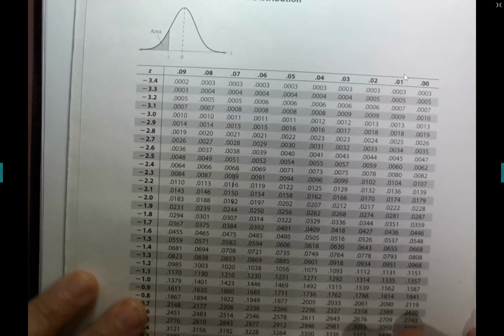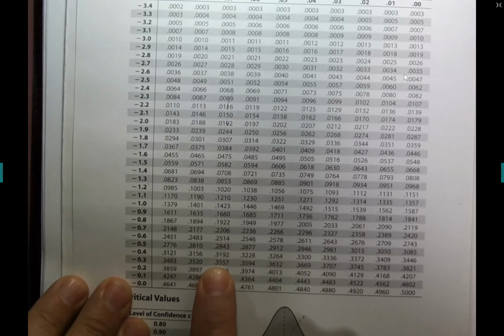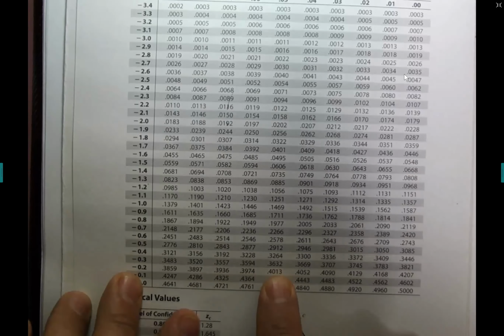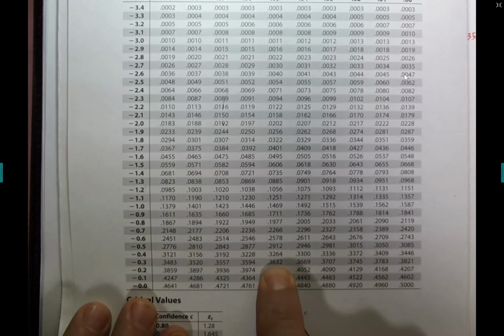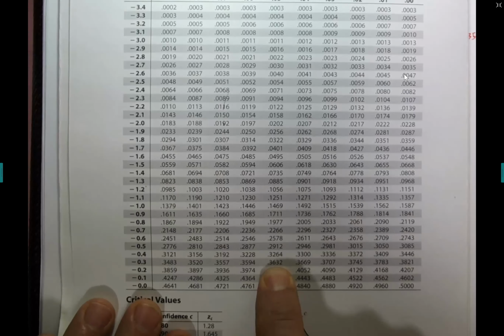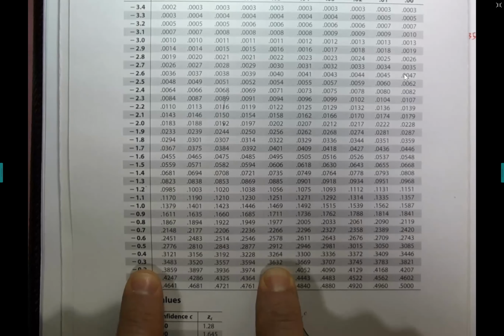3632. I would say, guys, it's somewhere. There you go. Look, 3632. You see this number right there. So now, guys, you need to find the Z score. Can you see, guys, the Z score? It's going to be negative 0.3.